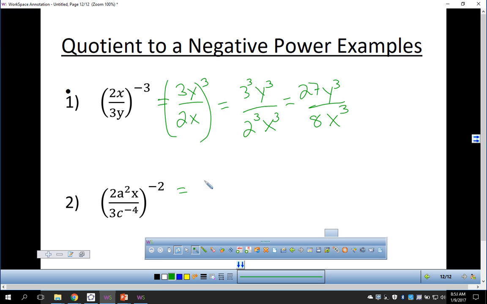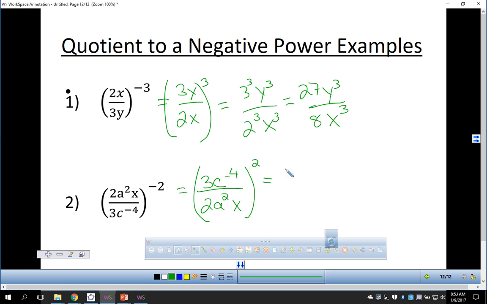Go ahead, Will. 3 to the power of 2. Just do the first step. Do it one step at a time. Yeah, 3c to the negative 4. Yep, that goes up top. Over 2a to the power of 2x, raised to the 2. Then I can use the next rule.